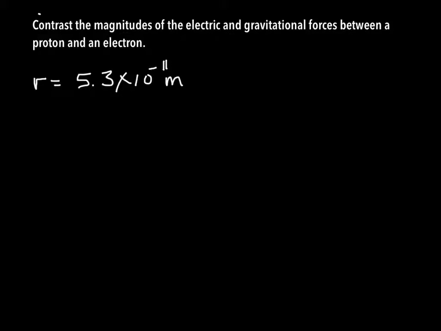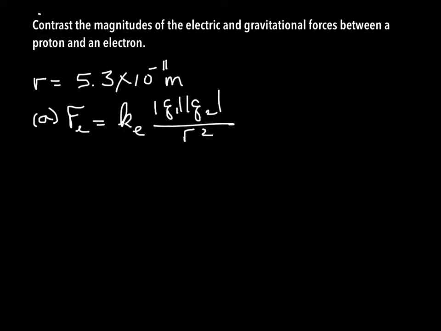So let's start off by calculating part A. Let's calculate the electrical force. For the electrical force, F_e equals, we're going to use Coulomb's law, K, Q1 Q2 over R squared. Filling in 9 times 10 to the ninth, that is our K value.